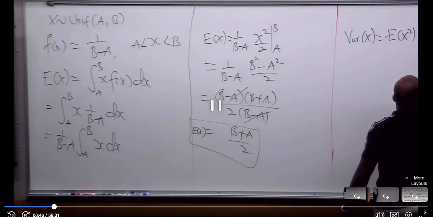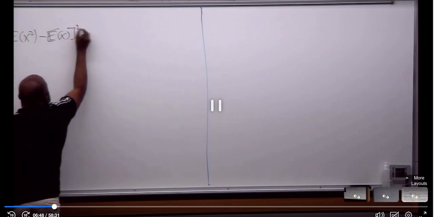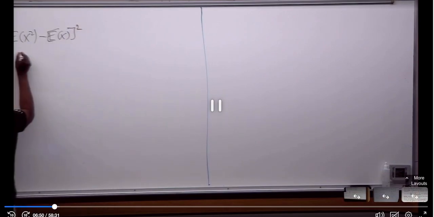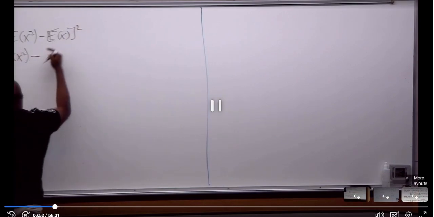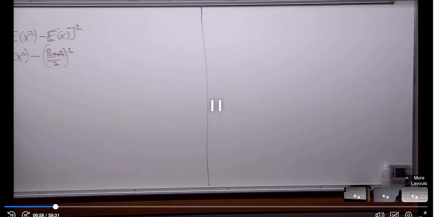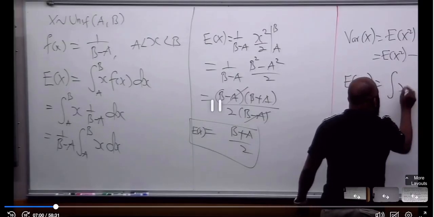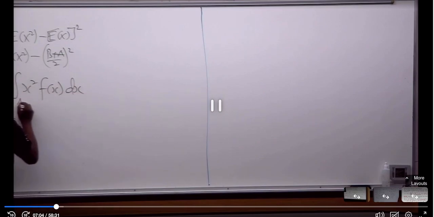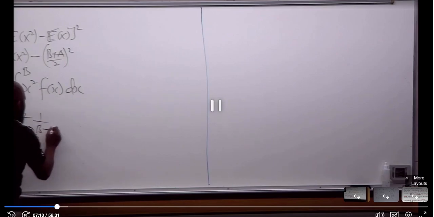You can try the variance on your own, but I'm going to give you a clue. You're still going to use what we've been using. Of course, right now you don't know E of X squared, but you know B plus A over 2, squared. So you can find E of X squared using the integral from A to B of x squared times 1 over B minus A dx.